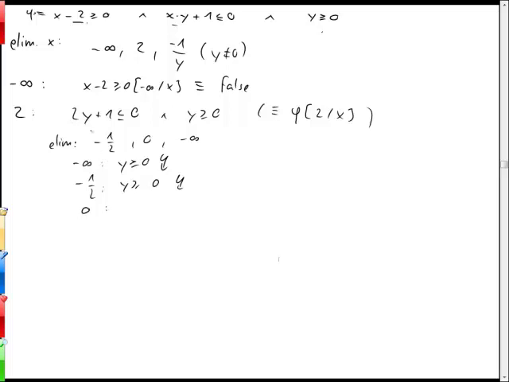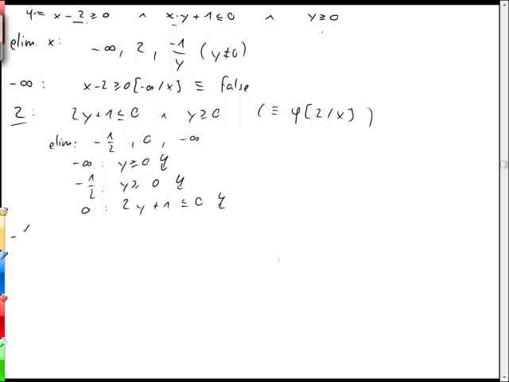If you have 2 times 0 plus 1, that is 1 less or equal to 0, then we have conflicts. So you see all the test candidates did not fulfill. That means that the elimination of x by 2 fails. I'm not sure if I can give you an idea of why this fails. Let's take the next one, the last one.